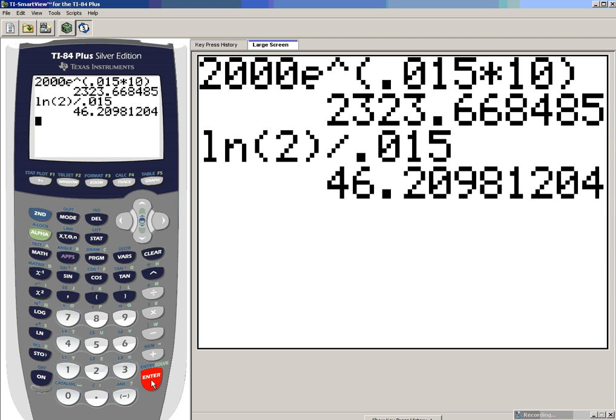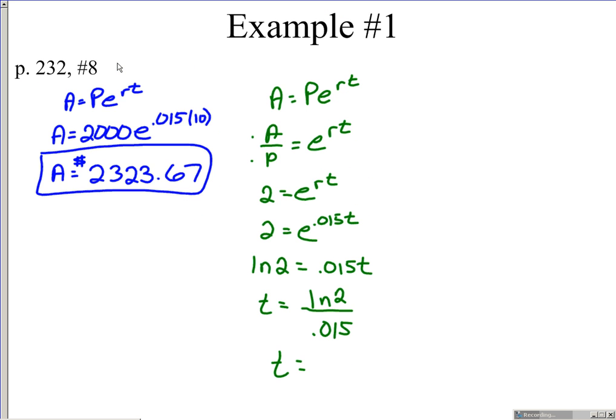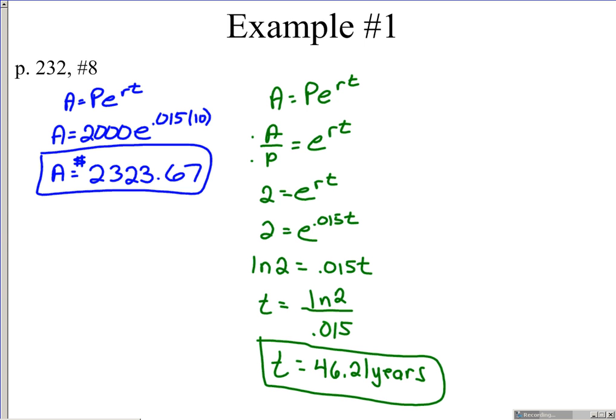We get 46.2098, round to two decimal places. That's going to be 46.21 years. So at an interest rate of 1.5%, it's going to take over 46 years for an initial deposit to double in size.